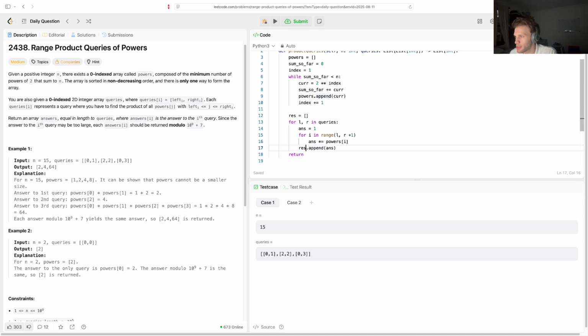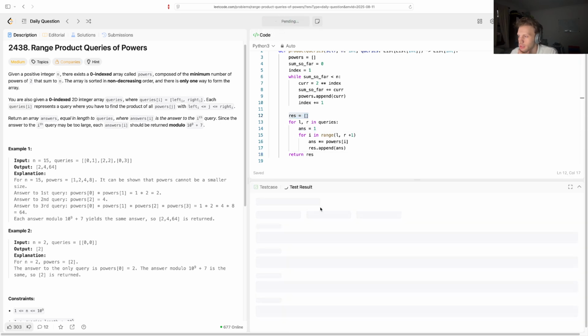Wait, it's gotta be in. Okay. I think that's kind of it. So we're just kind of going through each query and then adding it to res. I feel confident about this.